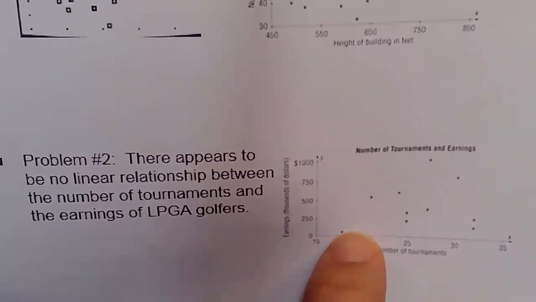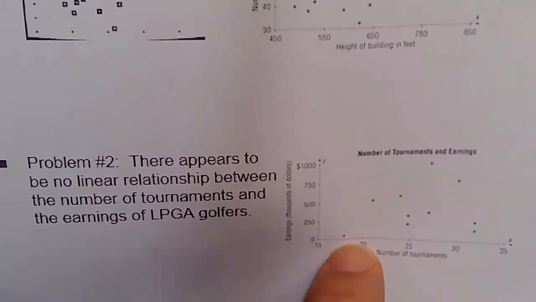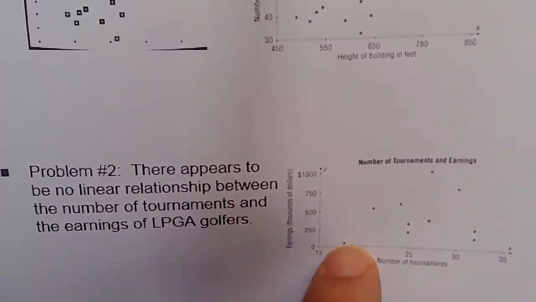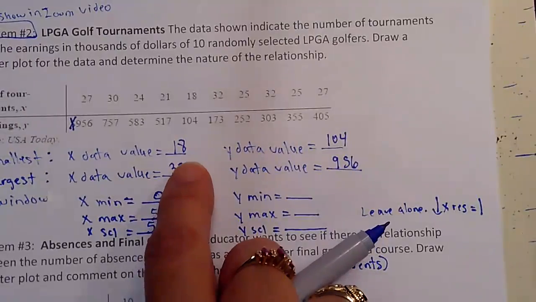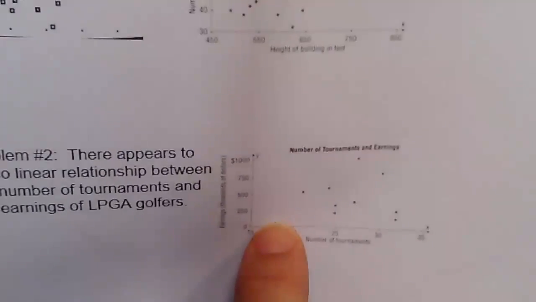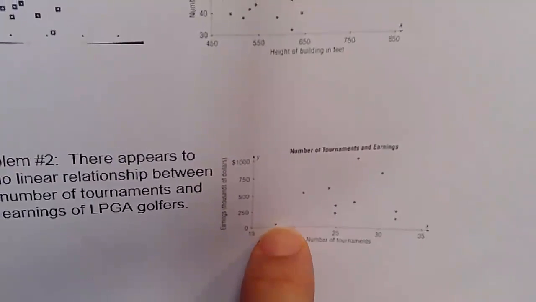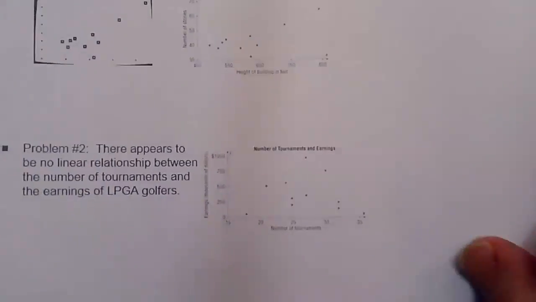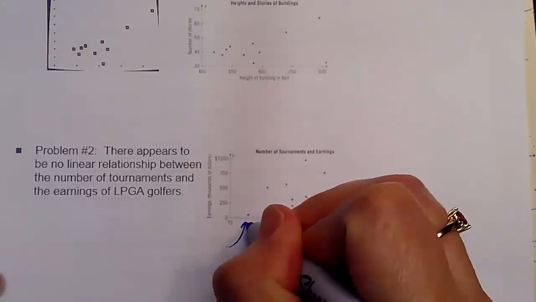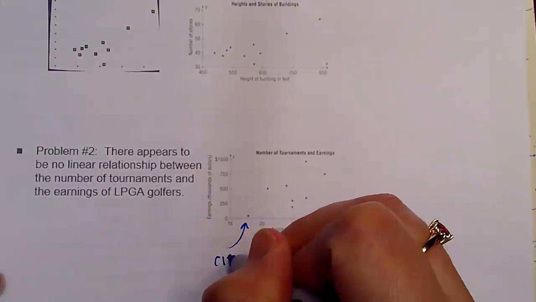Even though that first point there, the smallest data value, was 18, it looks like this data value is 18, 104. So just make a note of that.